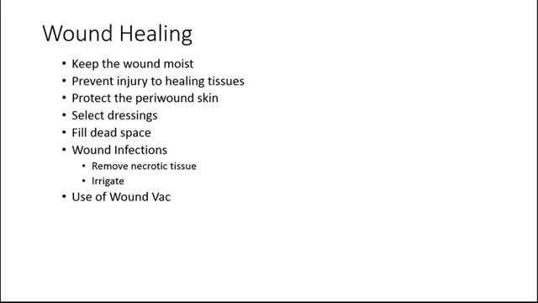We may irrigate infected wounds. Usually it's just saline. Remember, unless we want to debride the wound, we don't want to use solutions like betadine or hydrogen peroxide. If we have developed a wound infection, remember that we do need to culture it before any antibiotic treatment is started. All right, so we culture before starting the antibiotic.